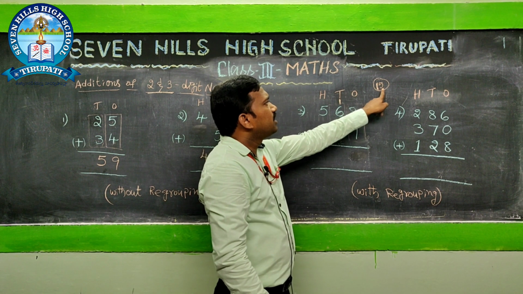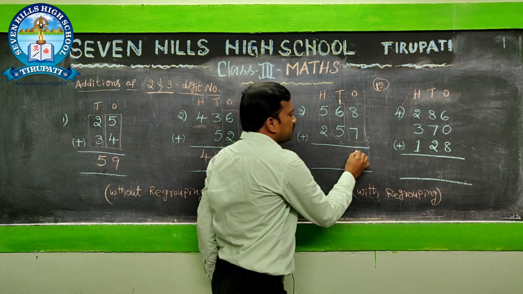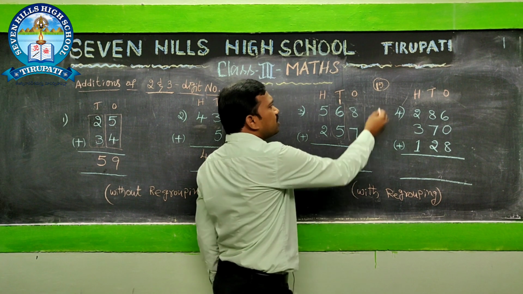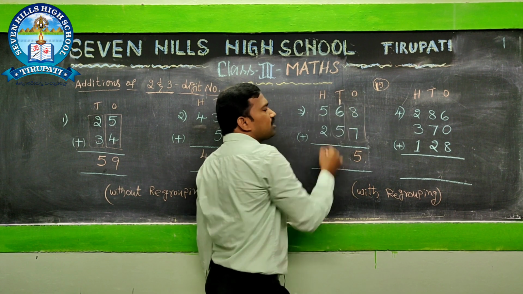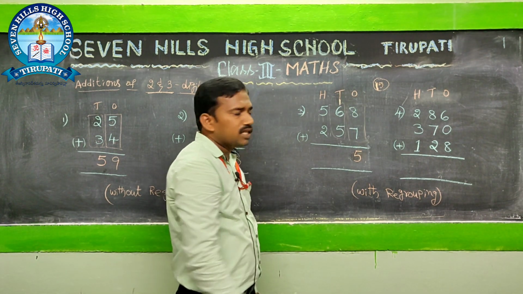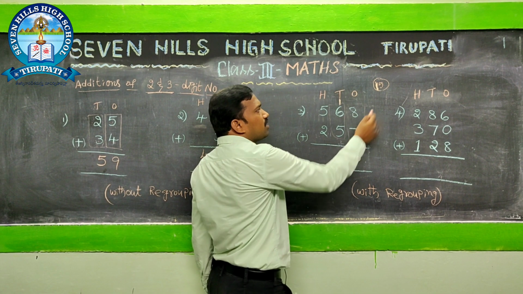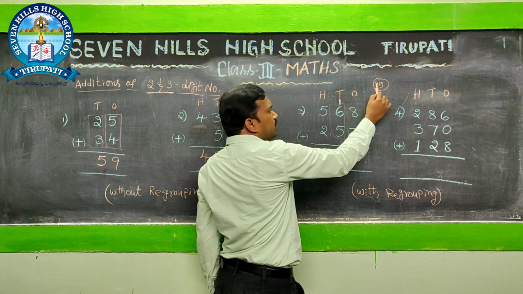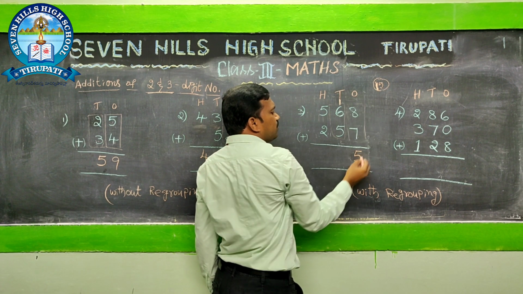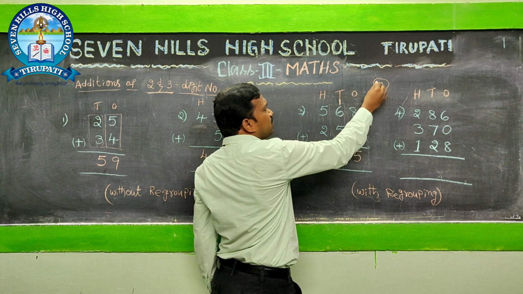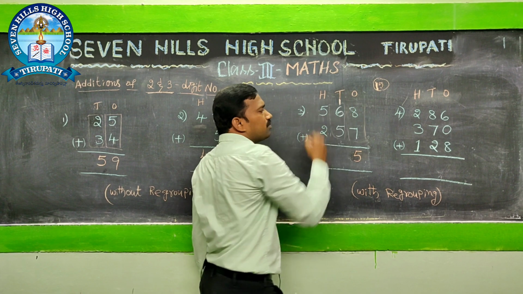In the ones place, 5 is there, and the tens place value is carried over to the tens column. Here 8 plus 7 becomes 15, a 2-digit number, that's why write 5 in the ones place, and 1 in the tens column.